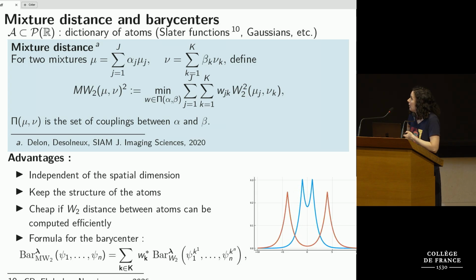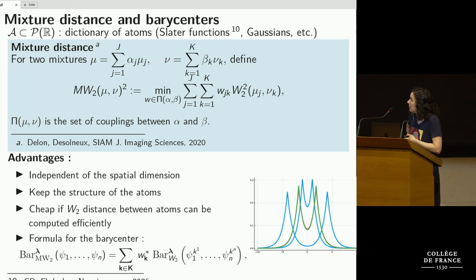What is very nice about this formulation is that it's completely independent of the spatial dimension. So in our case, if we go to 3D, this won't hurt us. The only thing that matters is the number of functions in the mixtures, and this is what plays the role of the complexity in this case.